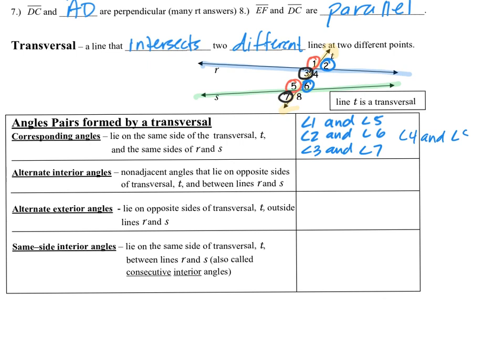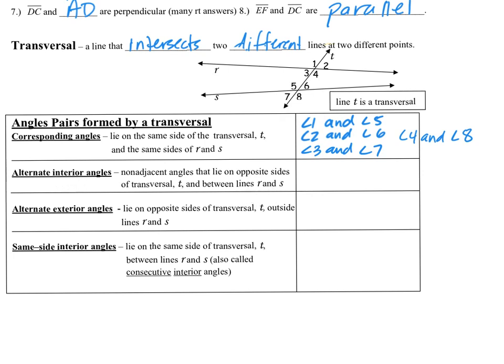Okay, so the next angle pairs we're going to talk about are alternate interior angles. The definition says that alternate interior angles are non-adjacent angles, that's important, that lie on opposite sides of the transversal T and between the lines R and S. Now, between means they lie on the interior.